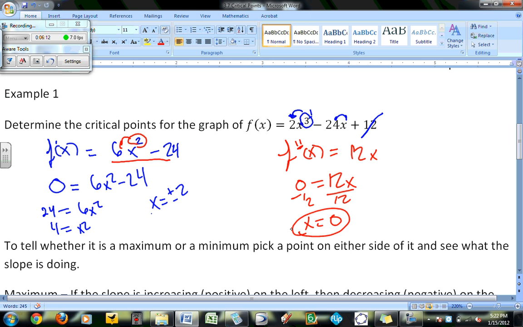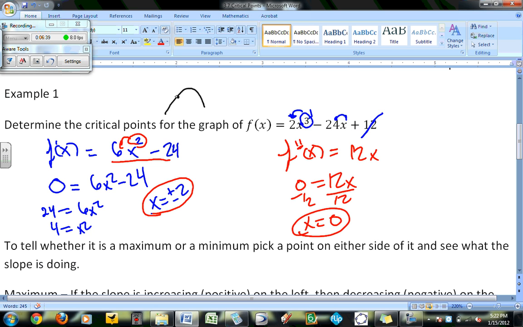All right, so why I didn't go into telling you whether this was a maximum or minimum is because of this next sentence down here. To tell whether it's a maximum or minimum, pick a point on either side of it and see what the slope is doing. So we read the definition of a maximum and minimum. For a maximum point, if the slope beforehand is positive, then afterwards it's negative.